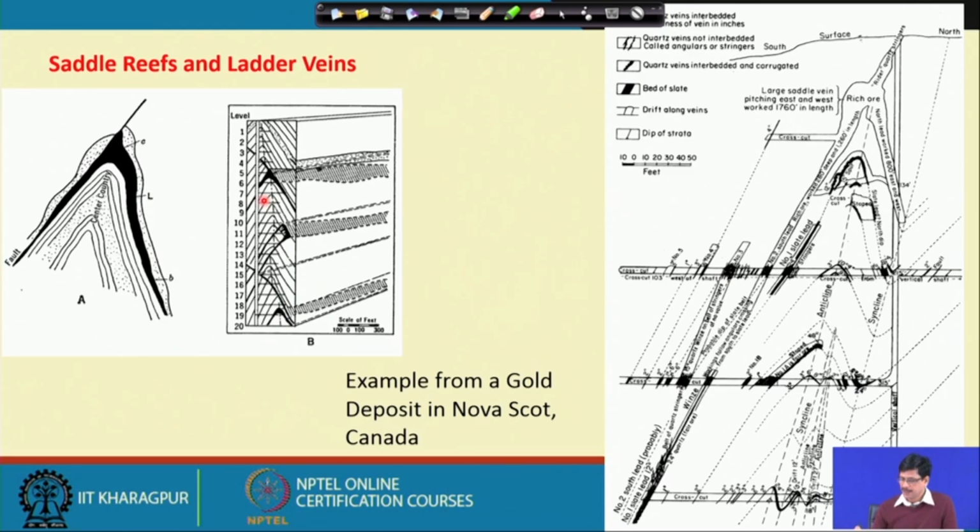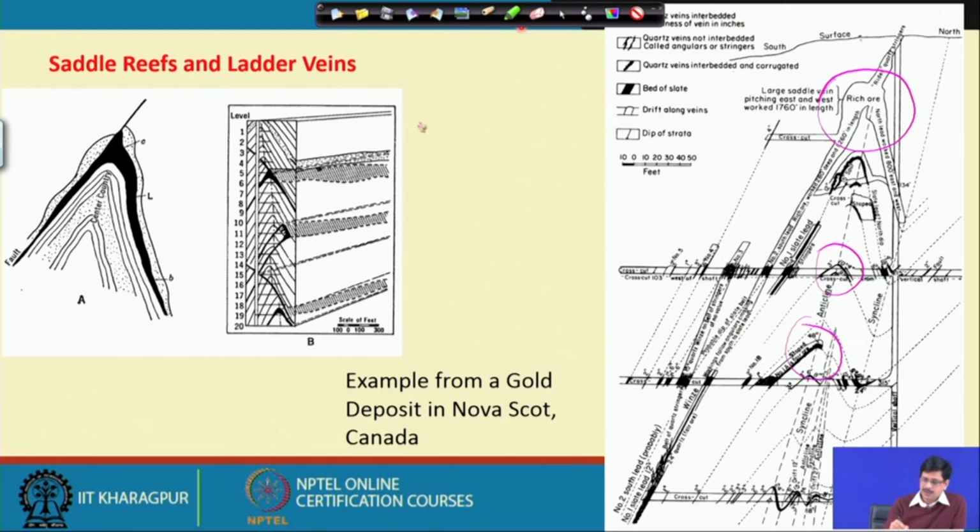This is a case of a gold deposit in Nova Scotia in Canada, where we could see that the rich mineralization takes place in most of the areas which are the hinge part of this fold, and many of the layers are co-folded. So this is the feature which is named the saddle reefs.